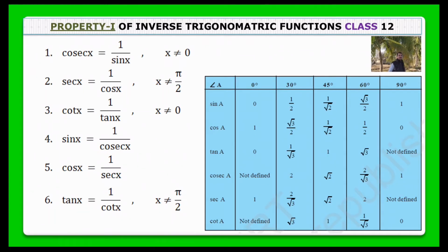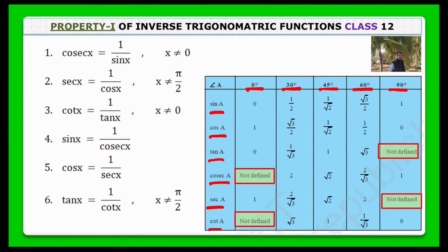Here you can observe that there are a few angles: 0 degree, 30 degree, 45 degree, 60 degree and 90 degree, and the values of sin A, cos A, tan A, cosec A, sec A and cot A. In this table you observe that there are a few words written as not defined, means the value of cosec A is not defined when the value of angle is 0 degree.